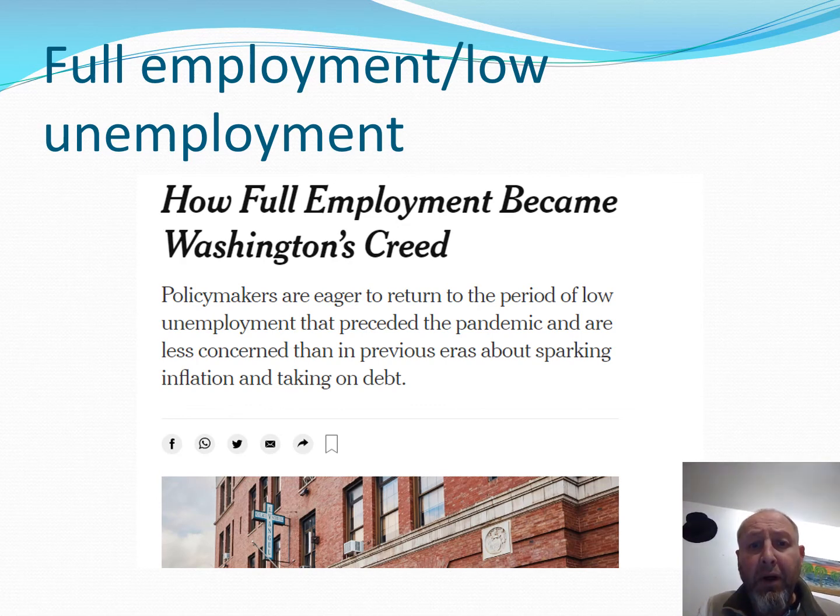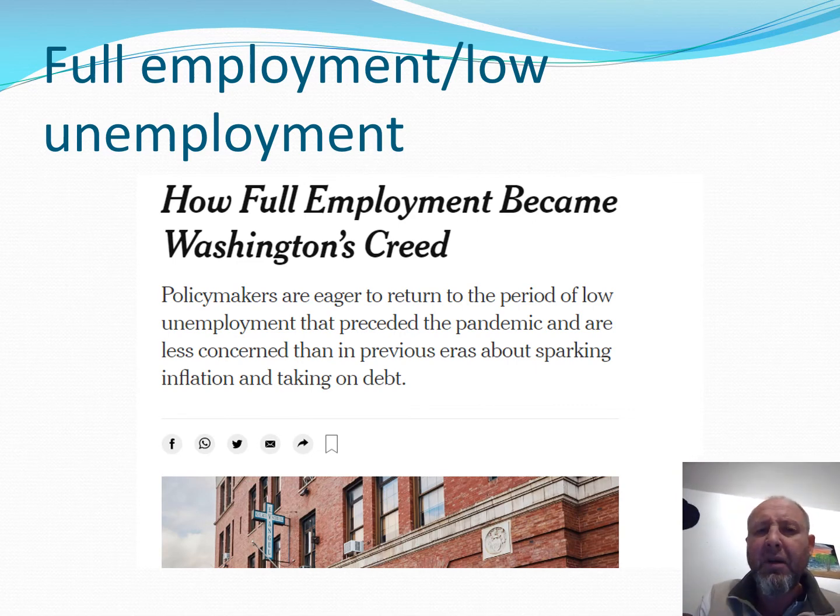Policymakers in Washington are eager to return to the period of low unemployment that preceded the pandemic, and are less concerned than they used to be about inflation or taking on debt. So, rather have low unemployment and we'll worry about the debt later, and we'll worry about the inflation later.